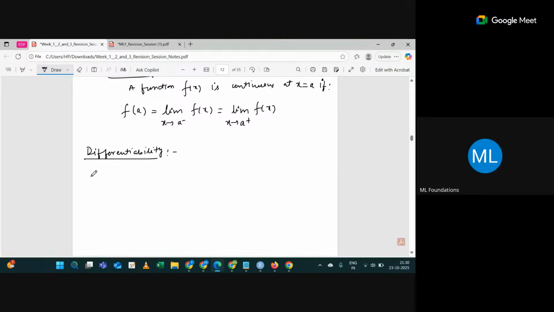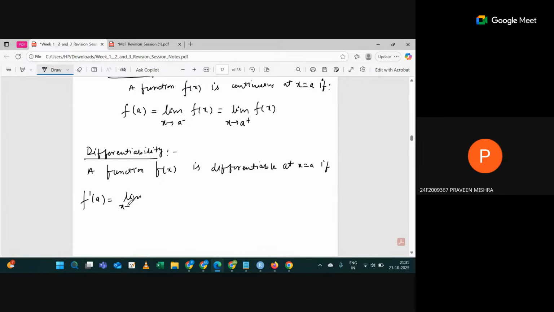So basically, a function f of x is differentiable at x equal to a if f dash a exists: the limit as x tends to a minus of f of x minus f of a divided by x minus a should be equal to the limit as x tends to a plus of f of x minus f of a divided by x minus a.